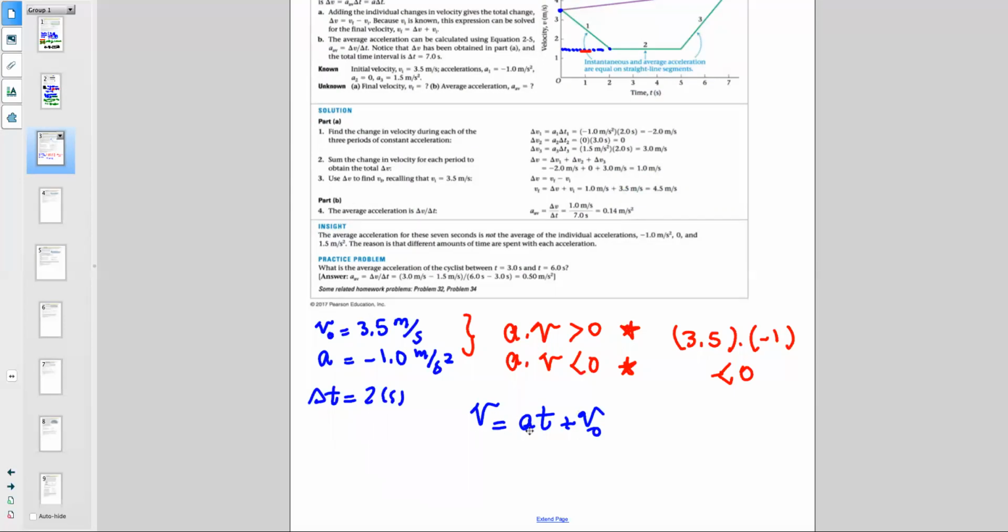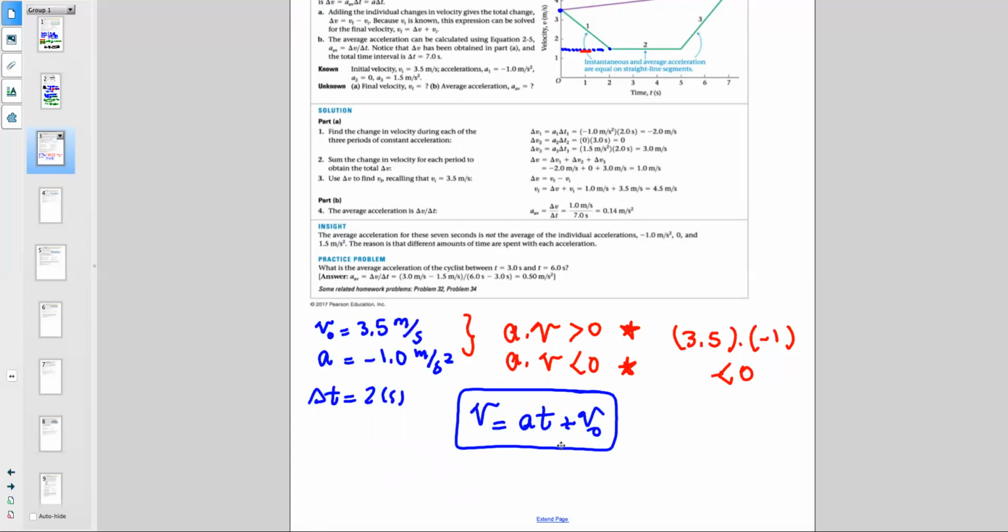Final velocity equals acceleration times time plus initial velocity. I have explained how to derive this equation, but you don't have to derive the equations. It's not something this course requires. Just have the equation sheet in front of you and look for this formula, v equals at plus v naught.